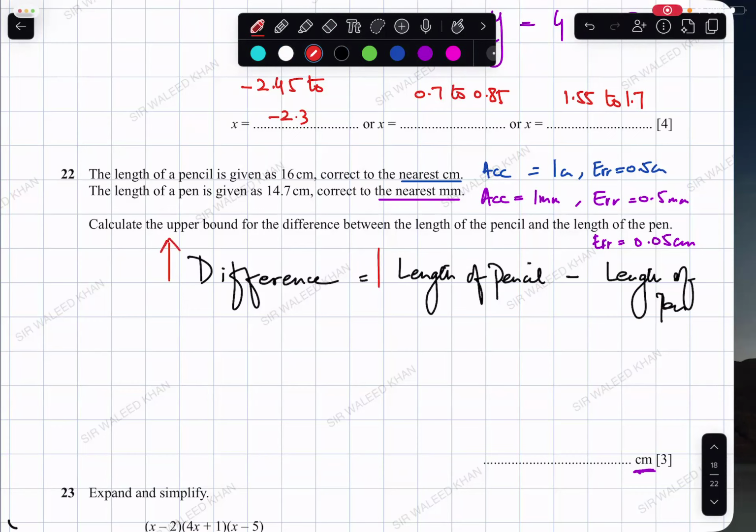So for that, the positive value should have an upper bound, the negative value should have a lower bound, right? So difference, the length of pencil, that should be 16 plus 0.5, and minus, this should be 14.7 minus 0.05. So this should be 1.85.